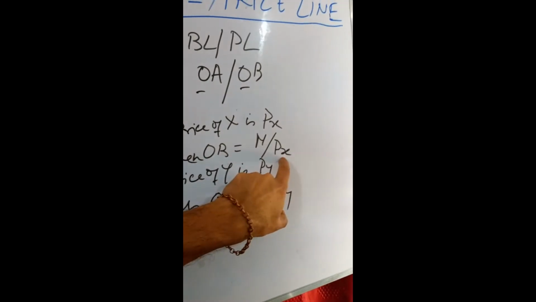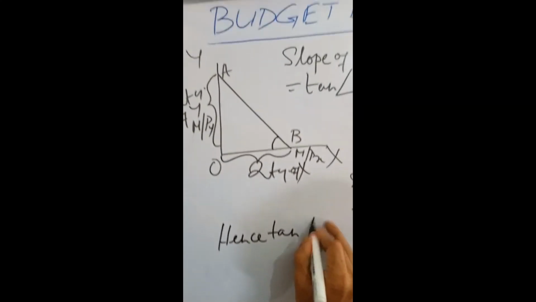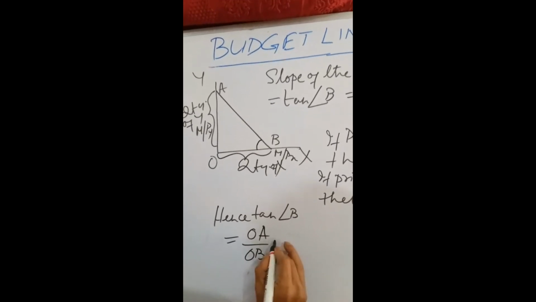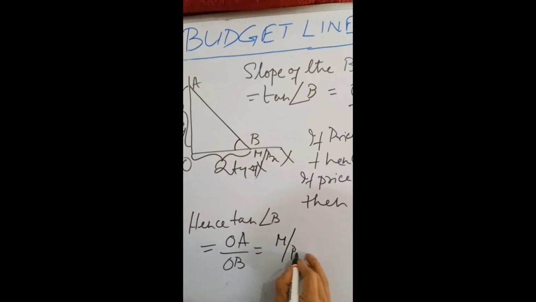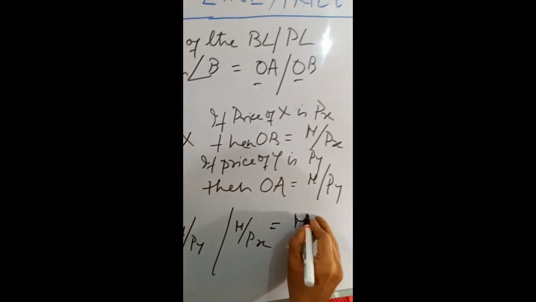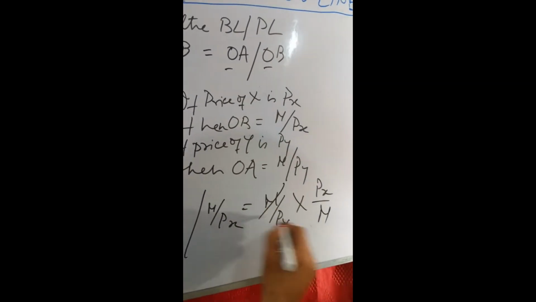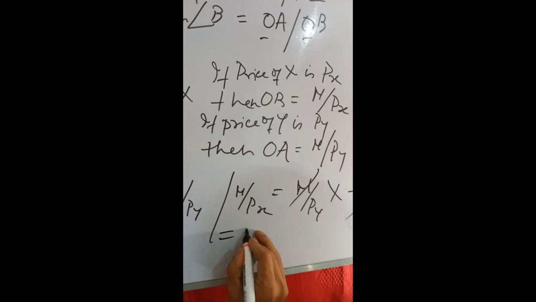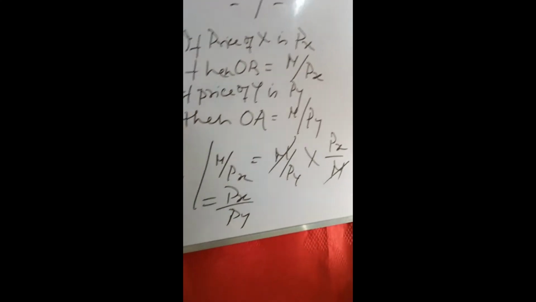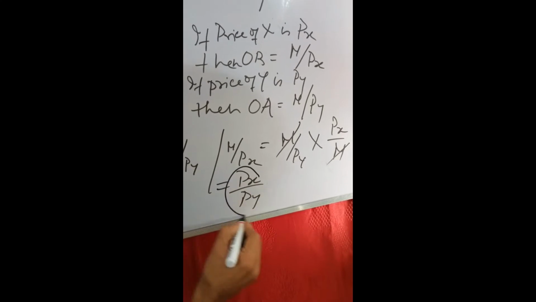Hence tan of angle B is equal to OA by OB, which is M by Py into Px by M. So M and M cancel out, so what remains is Px by Py, that is price of X by price of Y. So we see the slope of the budget line or the price line is equal to the ratio of the prices of the two commodities.